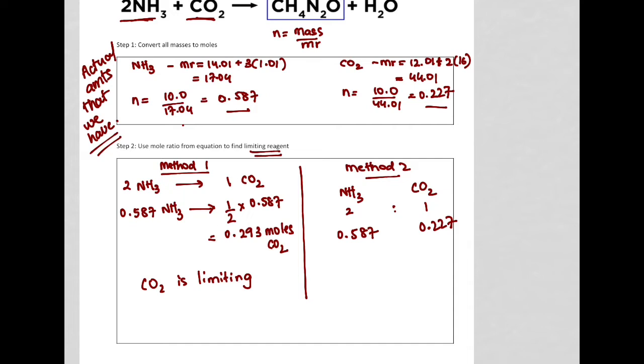And then you take the number of moles, you divide by the mole ratio. And you see the one that is the smallest value, so in this case this is the smallest value, so the smallest value will indicate the one that is limiting. So CO2 is limiting here. So it has the smaller value of the number of moles.